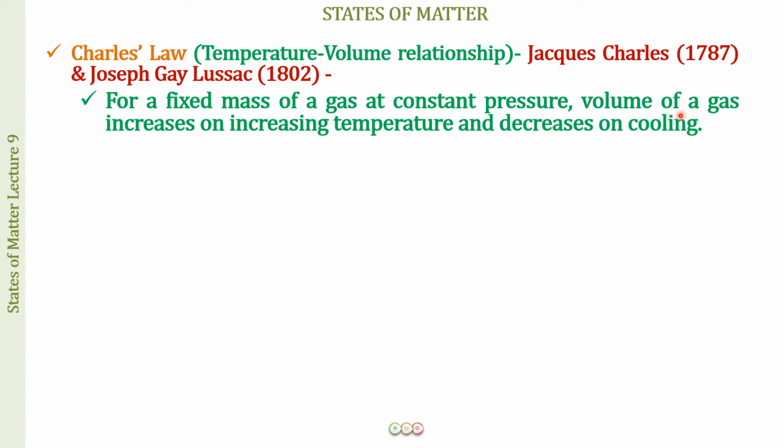And this is what was happening in the hot air balloon also. The balloon had air in it. The air was heated, the gas expanded, and the balloon became bigger in size. Also, when the gas was expanding, what happened to the density? The number of molecules per unit volume decreases.